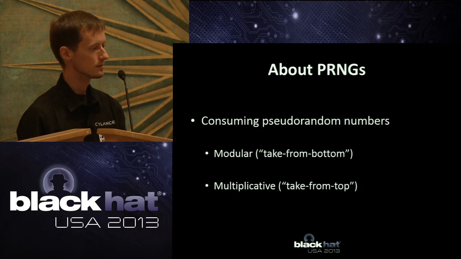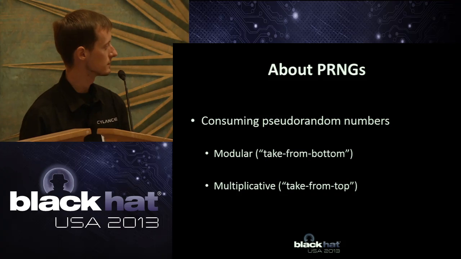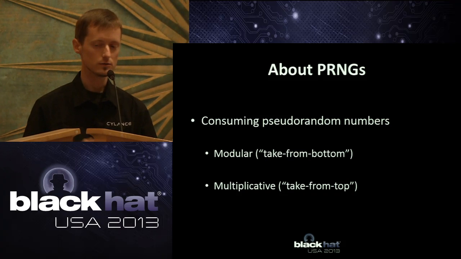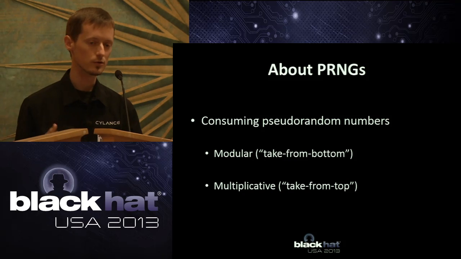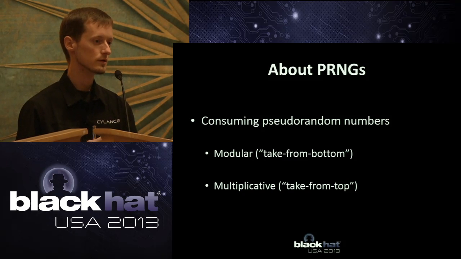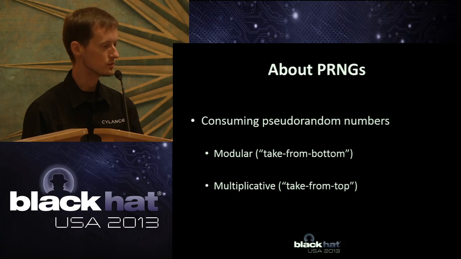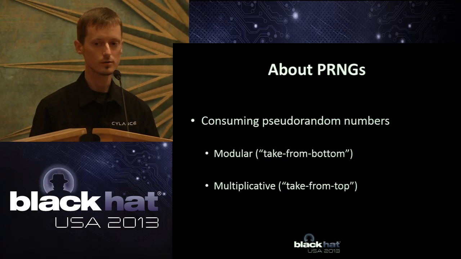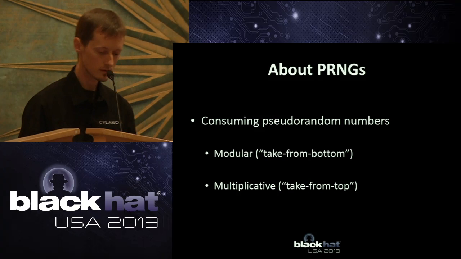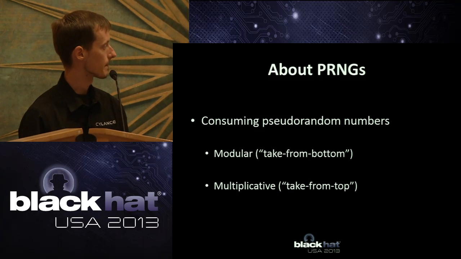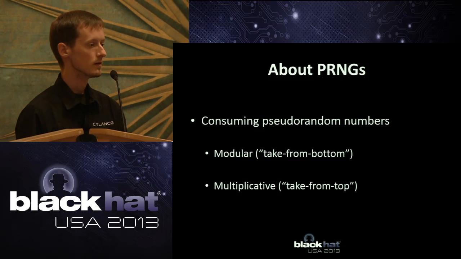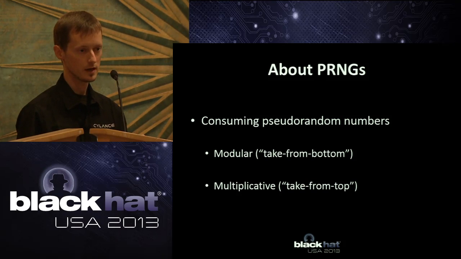Now that process of processing a pseudorandom number into one of these output numbers, we're conceptualizing as happening in one of two modes. And this is a pretty accurate generalization. This typically happens in one of two ways. Either modular, in that the output number has the modulo operator applied to it.